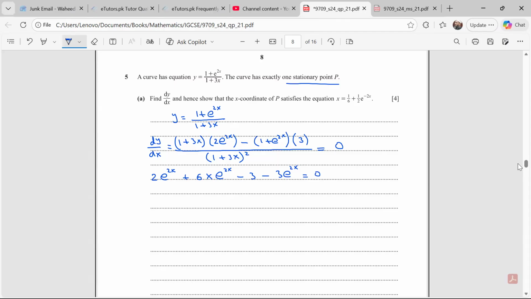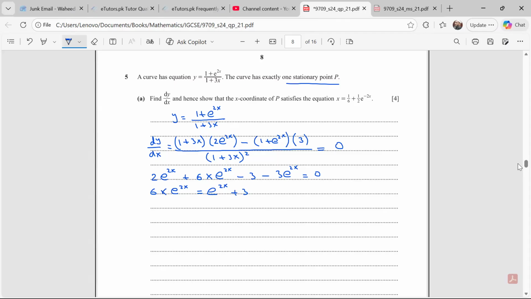If I rearrange it a little bit, I will leave this term on the left side. So this is 6x e to the power 2x equals, on the right side I have these terms: minus 3 and plus 2, this is minus 1, and the other side will become plus 1 only. So it is e to the power 2x only, and plus 3. I hope it's clear.